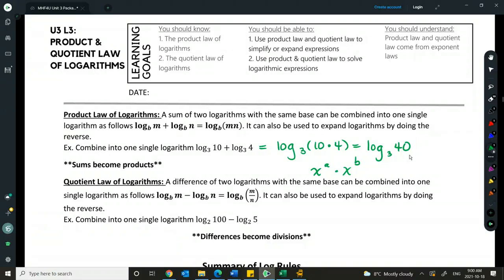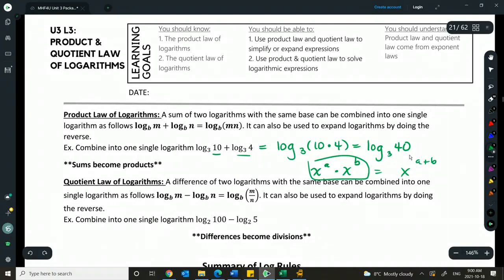Serena? We add them. So I can express the addition of two exponents, remember log is an exponent, as a multiple. And that's basically what's happening here. Multiples become additions. So it works both ways, right? So that's sort of where that rule comes from, back from our exponent laws that we were talking about before.